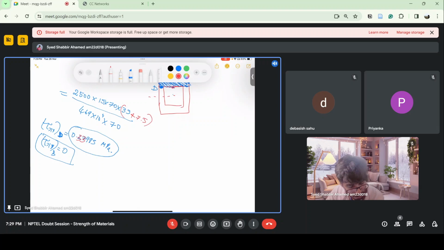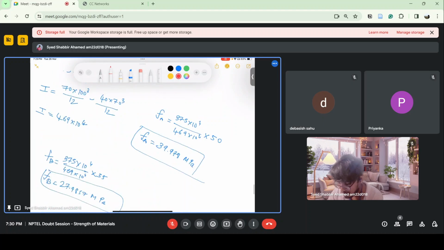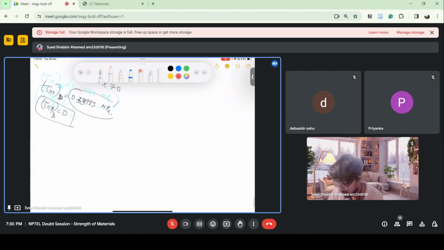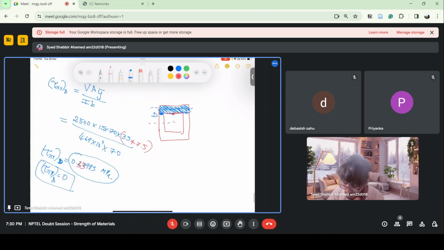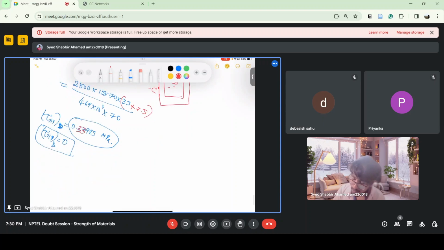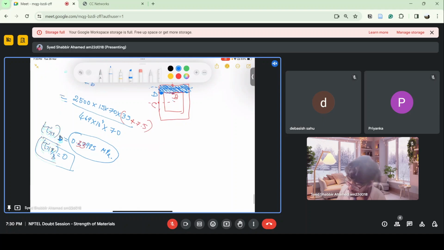What is the value of R at point B? R is sigma y, and that is also 0 at point B. So this is point A, this is B we have taken, and this is point C. So now we'll go to point C, which is on the neutral axis.